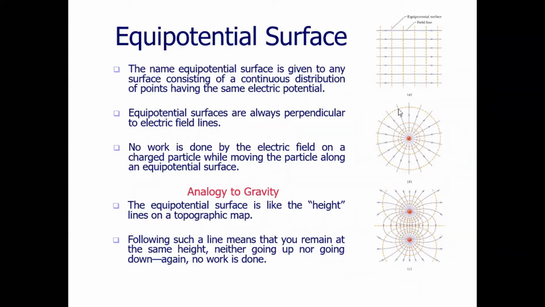In a similar way, if you have the electric field radiating in all directions, as shown in this diagram here, then if you draw a spherical surface around this charge, at all points of the surface, the electric field is going to be perpendicular to that particular surface. So all the points on that sphere make up an equipotential surface.